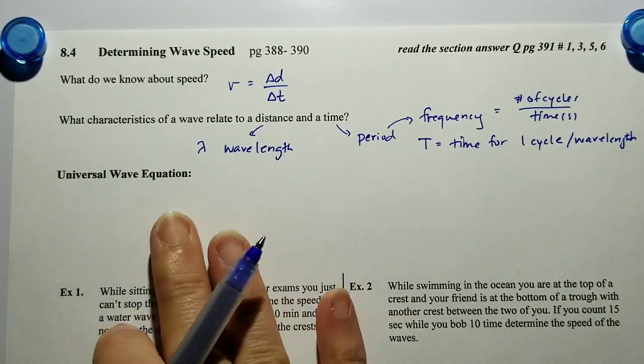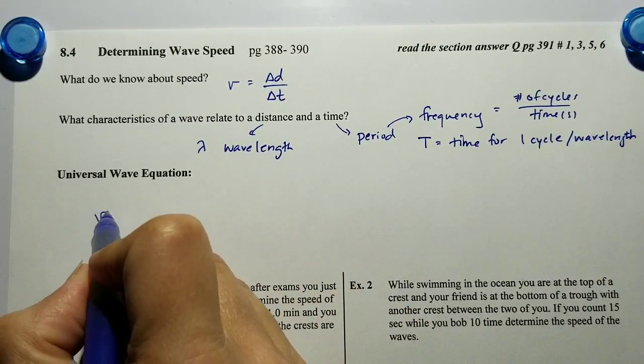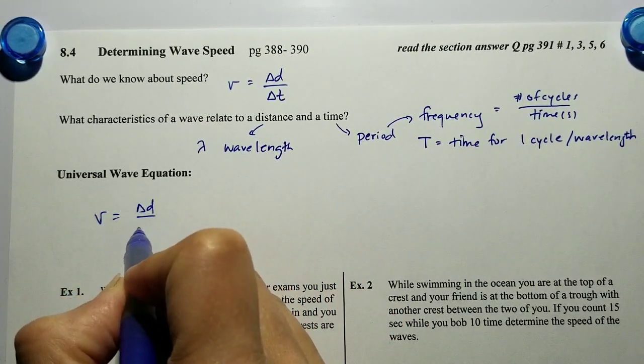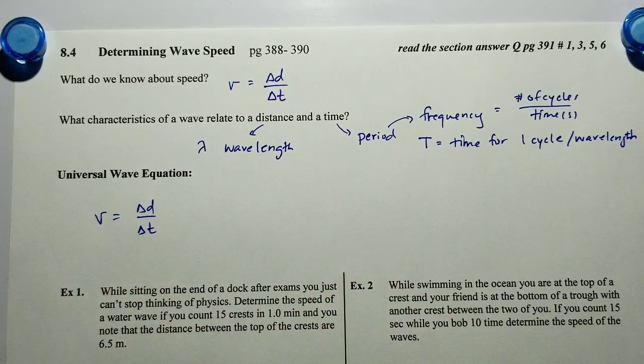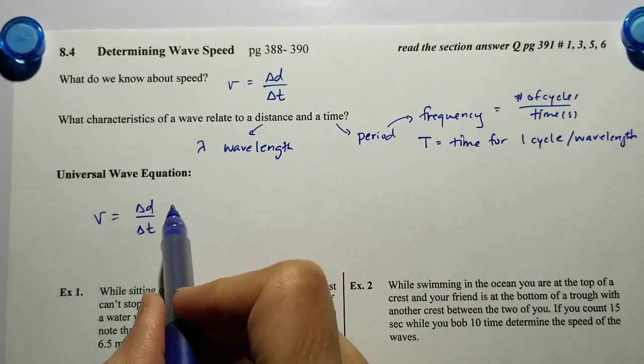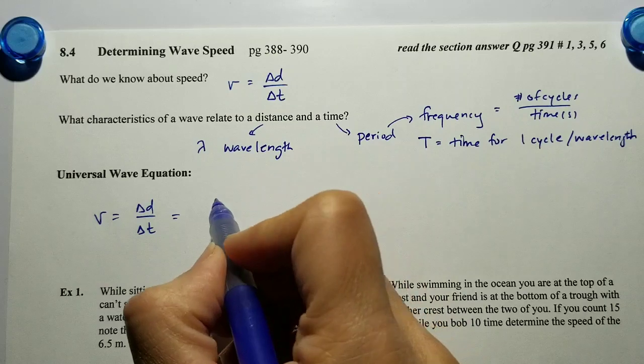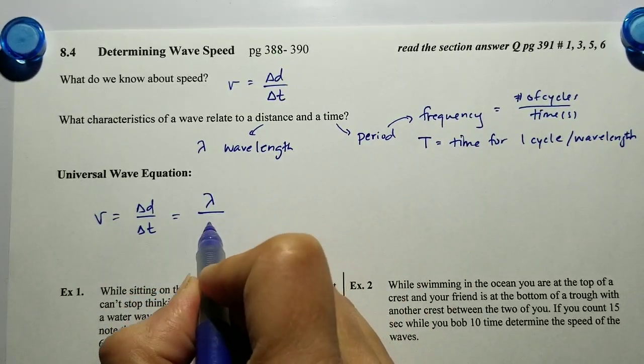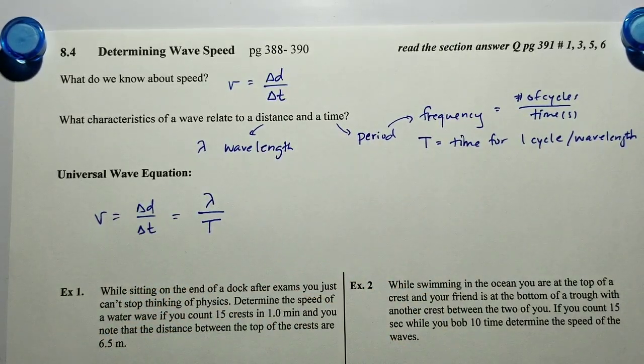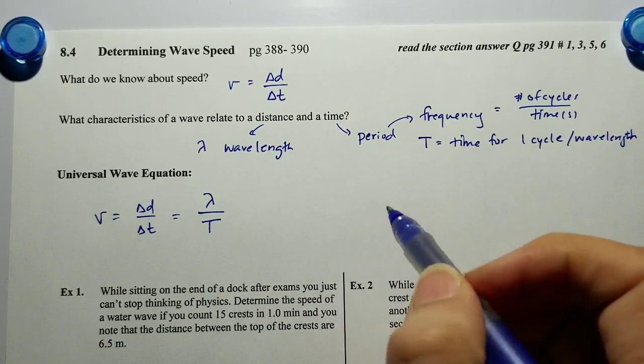All right, so how do we get the universal wave equation? Well, here's speed, distance over time. So our distance measurement is really our wavelength, and our time measurement is the period, or the time to make one wavelength, to produce one wavelength.